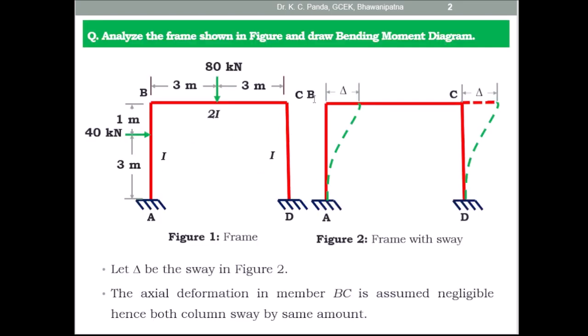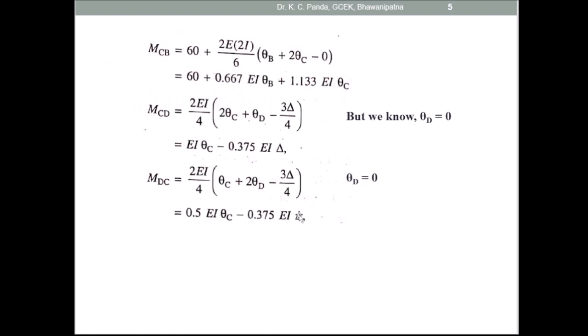MCD is equal to MFCD plus 2EI by L into 2 theta C plus theta D minus 3 delta by L. So here you have to consider the delta. You know MFCD is equal to 0 and the moment of inertia of CD is equal to I and the length of CD is equal to 4. So put the value here.